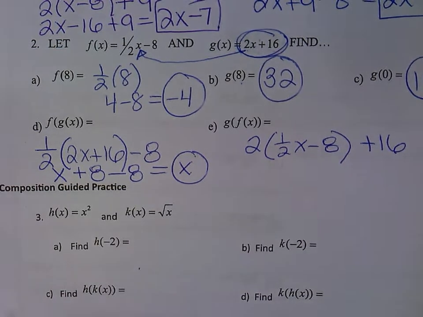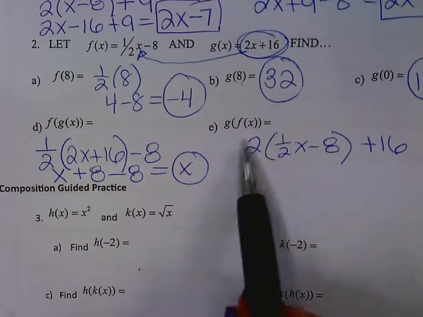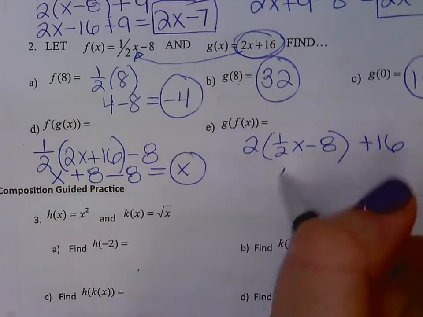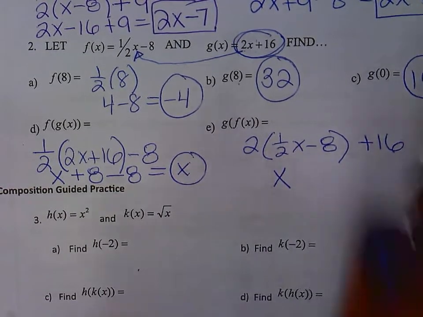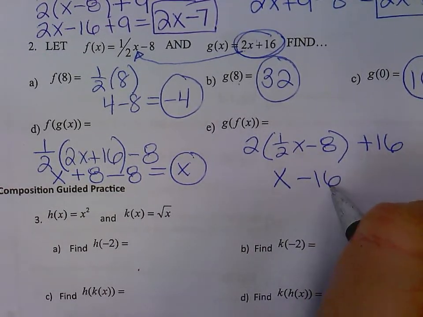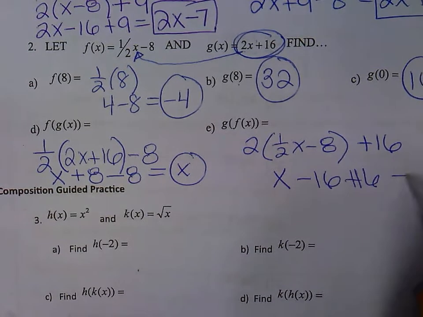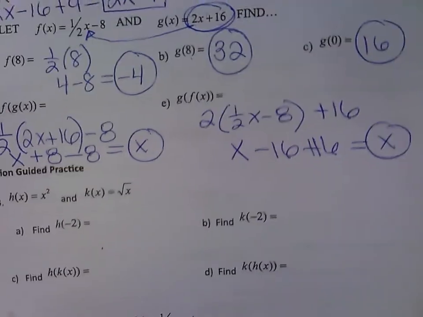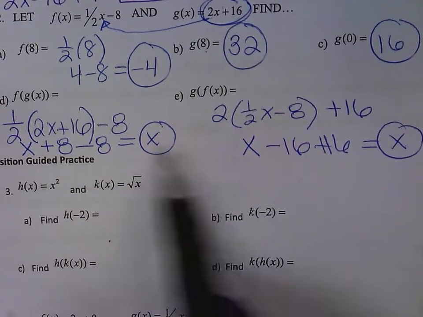So this is the g function, right? 2 times x plus 16, I just did substitution. So when you distribute, see how this just gives you x, because it's 2 times 1/2. 2 times -8 is -16, and you're adding 16. So the same thing happens, you just get x. We're going to learn tomorrow that that means that these are inverse functions of each other.